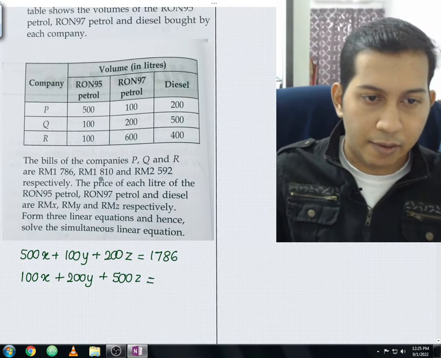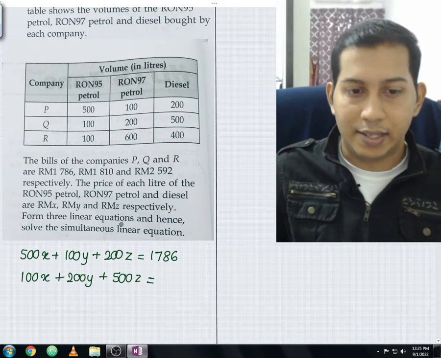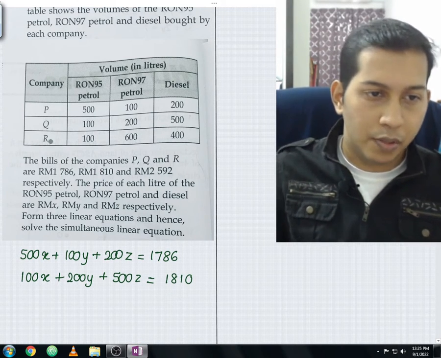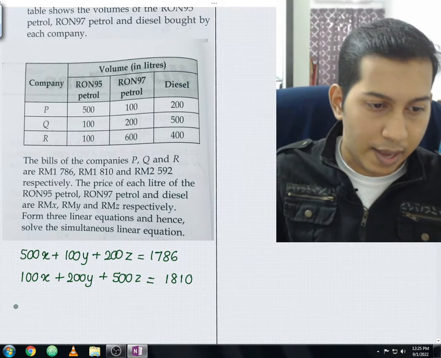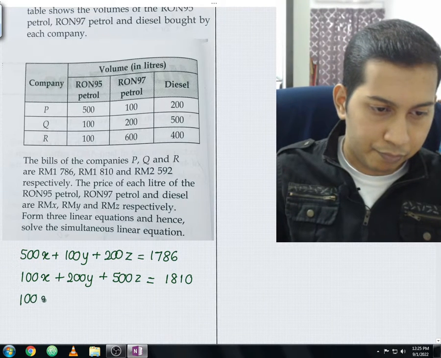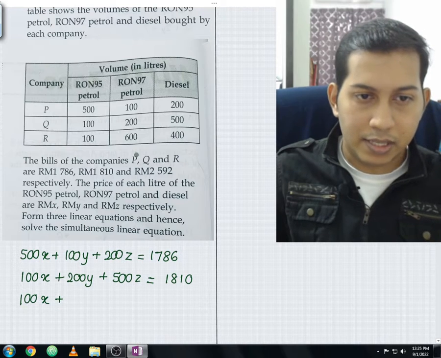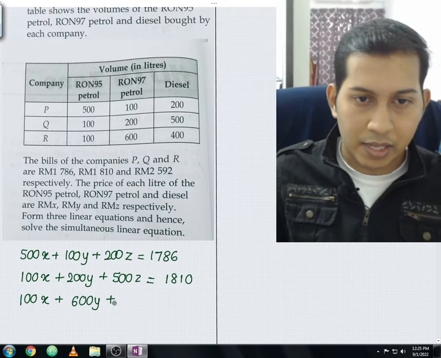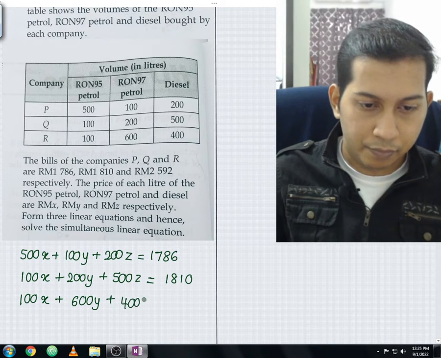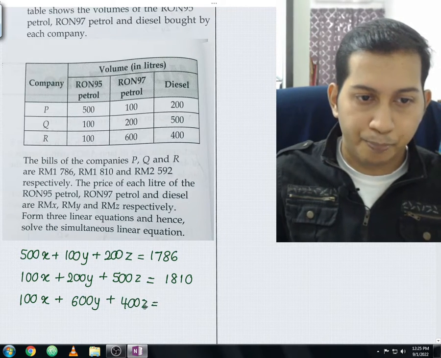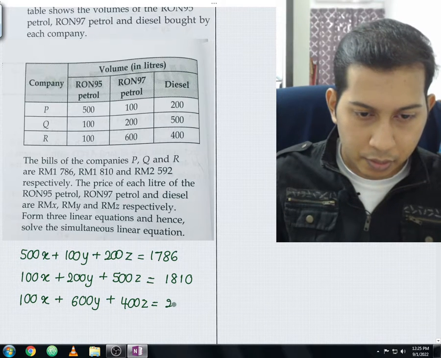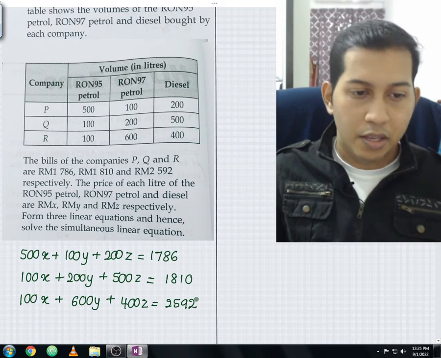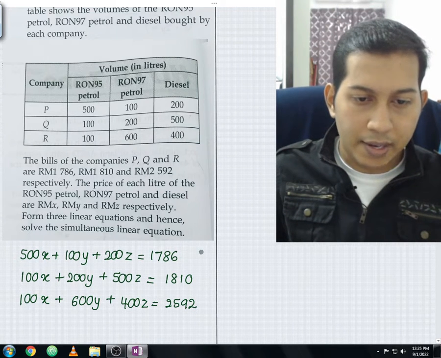So from here you get 1,810. Okay, so for the company R, it will be 100X plus with 600Y plus with 400Z, is equals to 2,592.